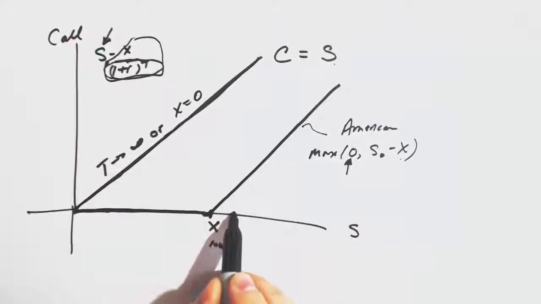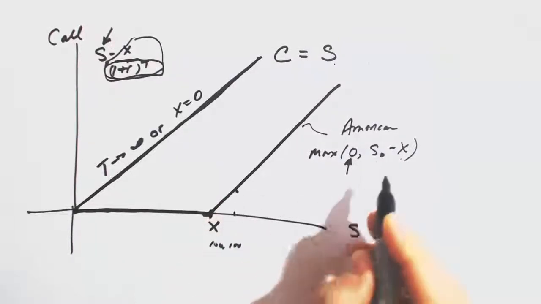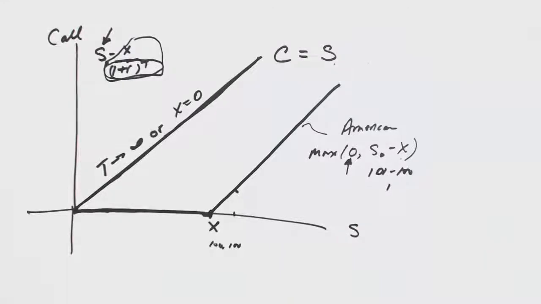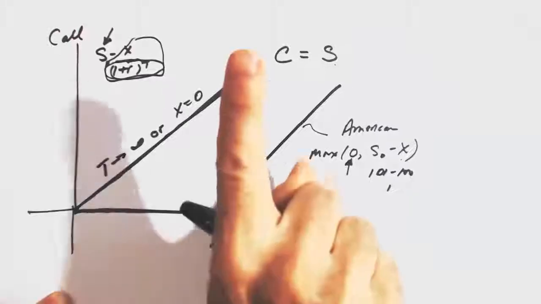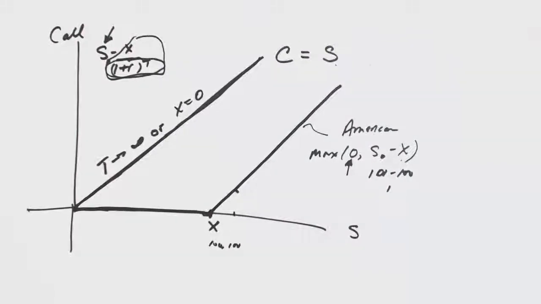Now, every dollar you go up in stock price, you gain $1 on the value of the option. So if it goes to 101 minus 100, you get $1 for that payoff on the call. So for every dollar you go up this way, you gain $1 this way. So this has a slope of 1. And you'll see that a lot in later chapters with the slopes.